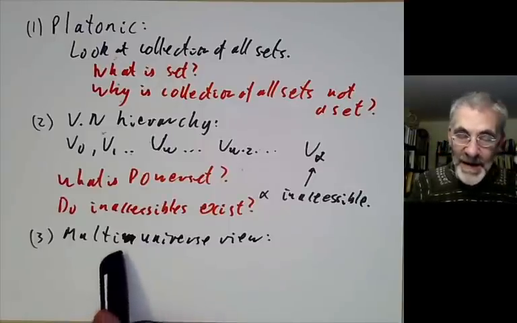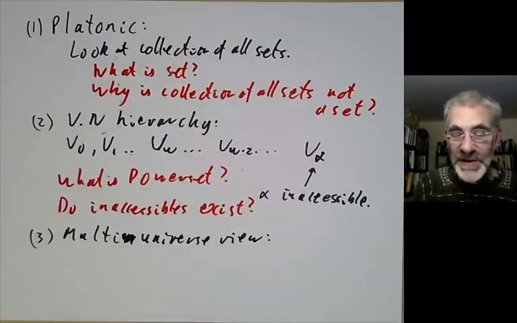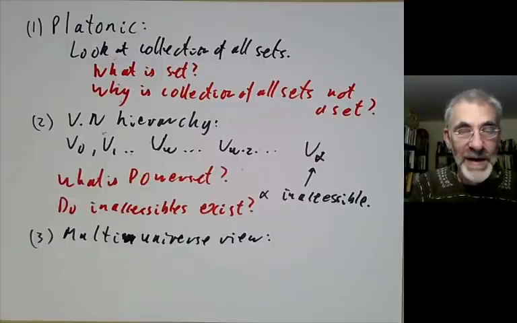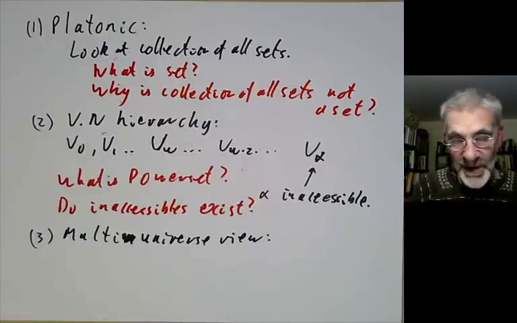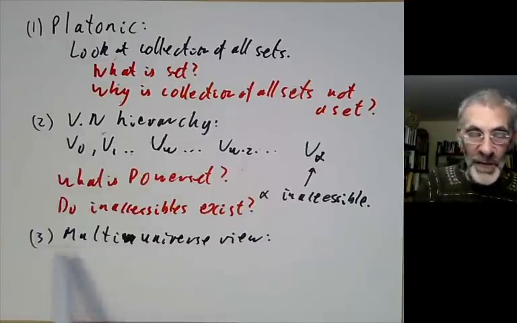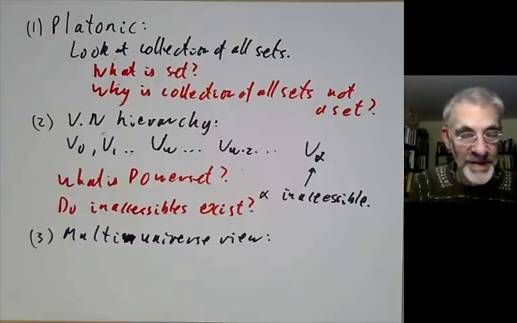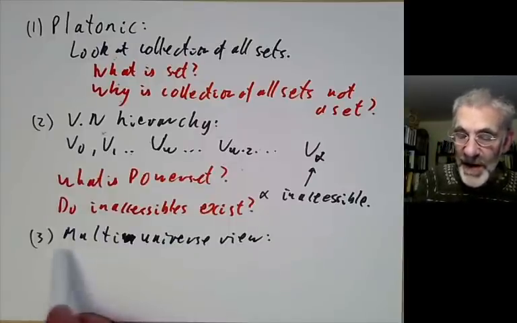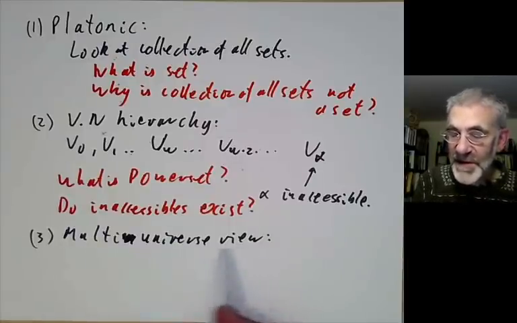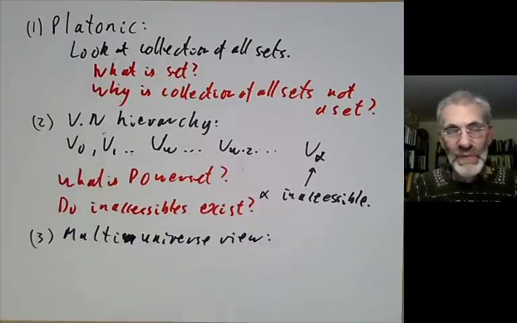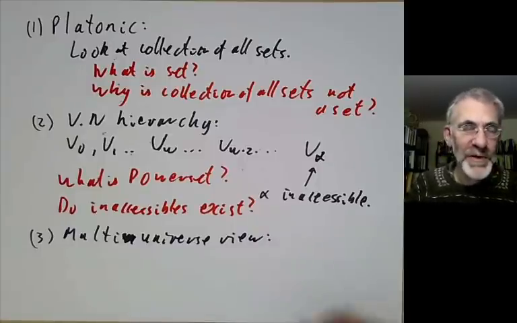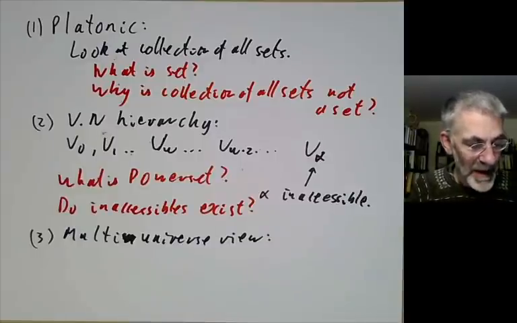This is like the multi-universe view you sometimes get in various models of quantum mechanics, or for that matter in various comic books. If you've watched any Marvel movies, you'll notice that there are several different copies of the current universe in which different things happen. The multiverse view of set theory says that something similar is going on: there are lots of different models of set theory, and there's no special model that's better than all the others.